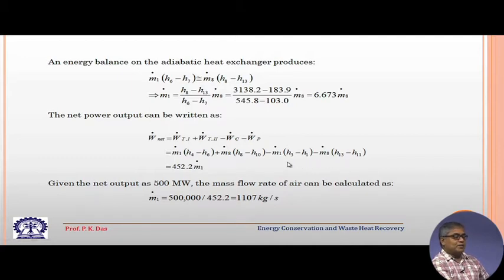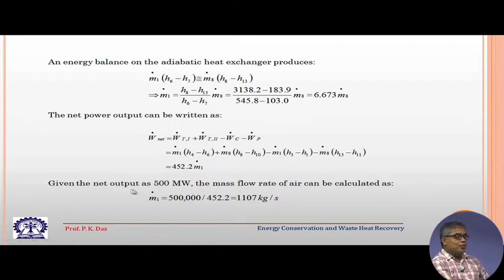They are absorbing power. So, the work done by 2 turbines are added, and from there the work absorbed by the pump and compressor are subtracted, and with that we will get the work done in terms of m dot 1, that is the mass flow rate of air.